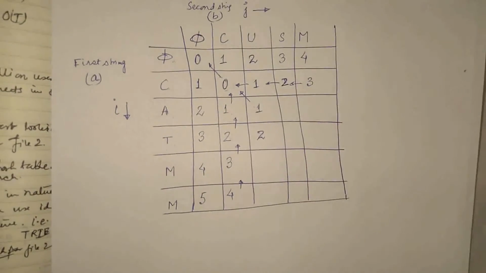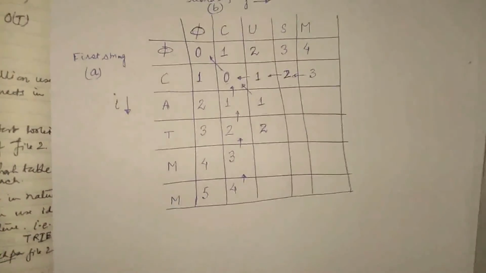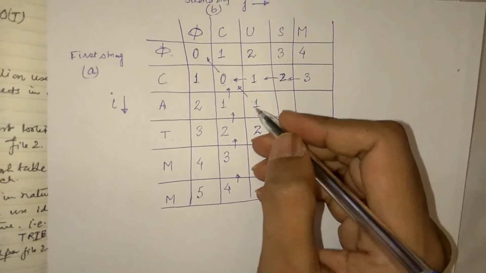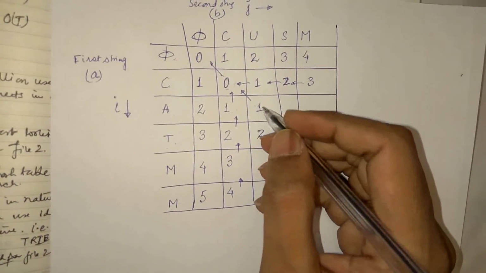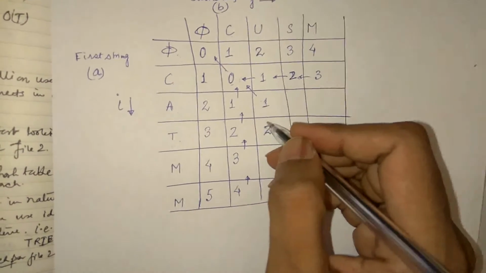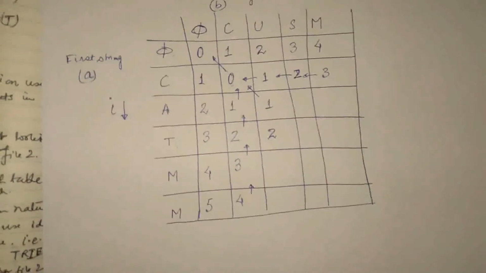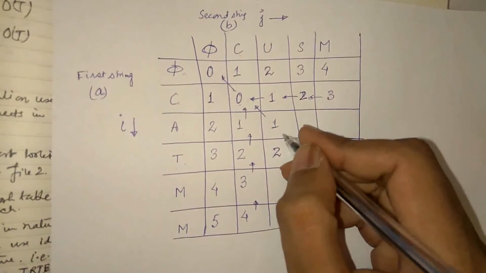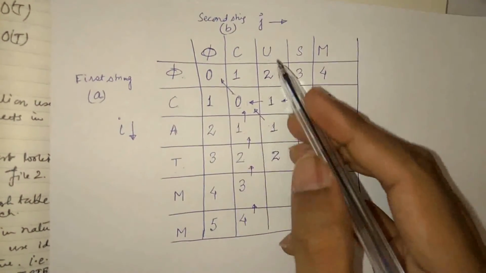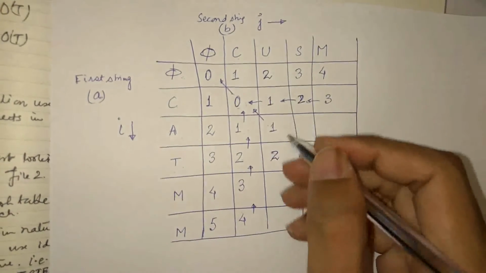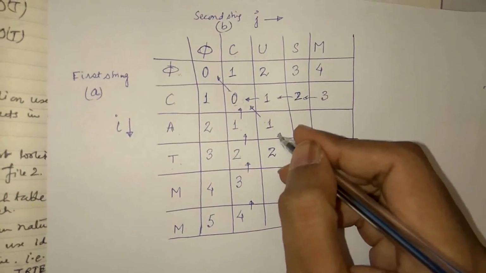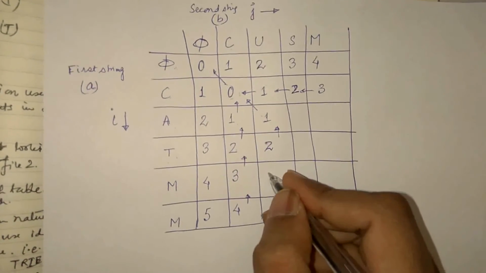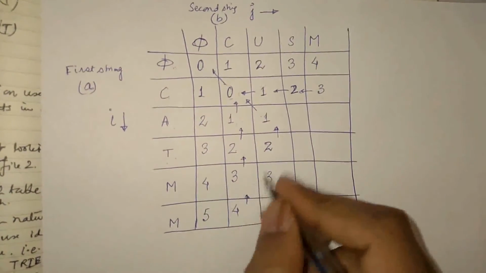So whenever you find that this is not matching and the minimum is the same here, you just need to delete from above. That is, T is not going to be present for this string. So this will be this. In similar fashion, this will be 3 since U and M are not here.